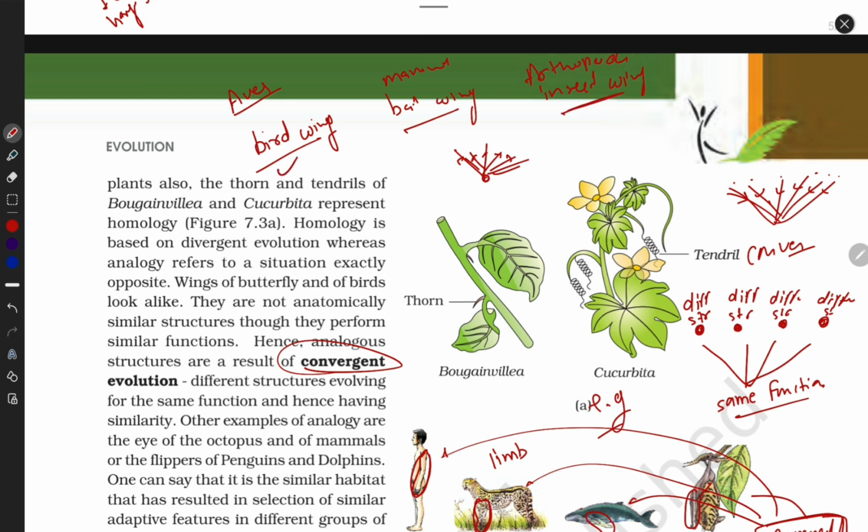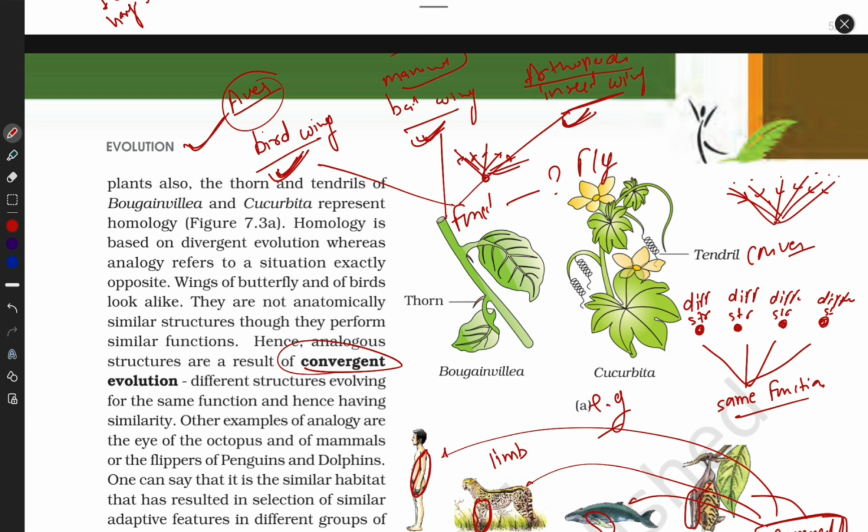They have different features. Their limb structure is different because they belong to different phyla, but the function is the same. And the function is flying. Bird also flies, bat also flies, and insects also fly, but they have different structures of their wings.